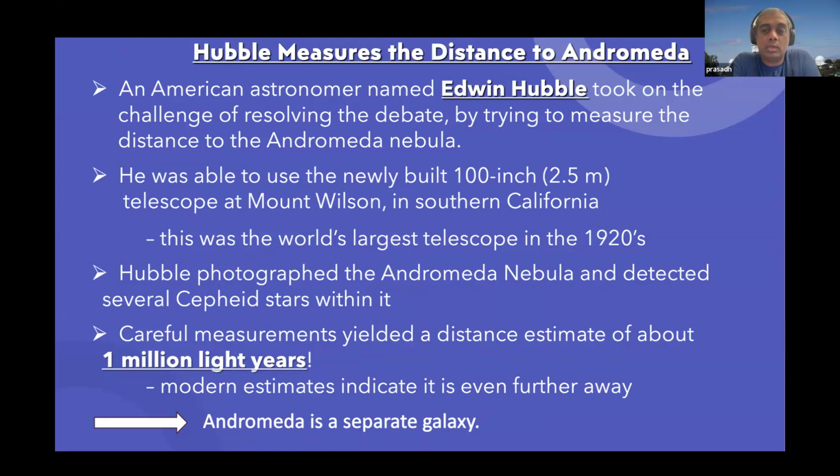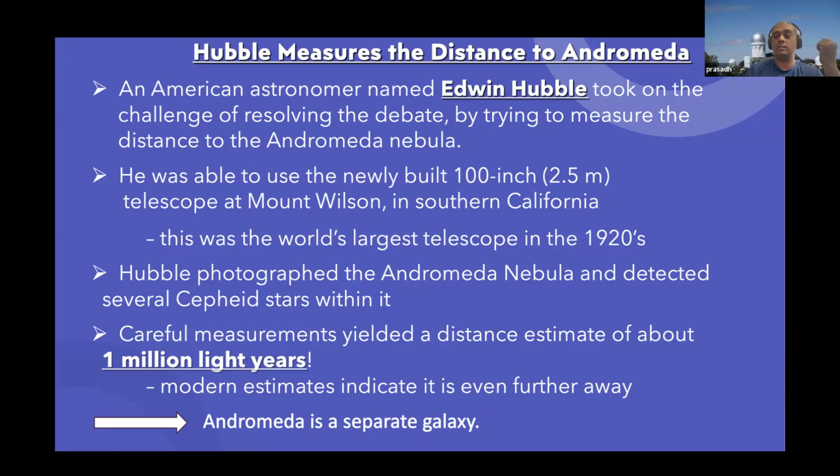And he actually observed Cepheid stars or Cepheid variable stars in this Andromeda nebula of the galaxy and measured the period. So if you can do that, then you know the period. You go to the period luminosity relationship and find the absolute magnitude and find the apparent magnitude. You can measure the distance, right? So that's it. So job done.